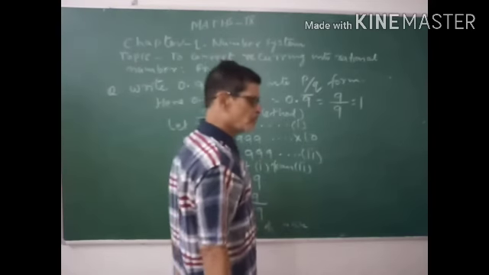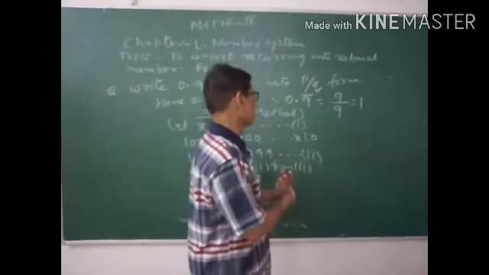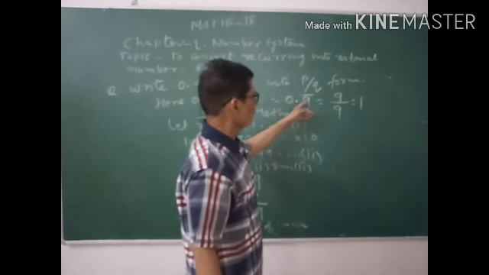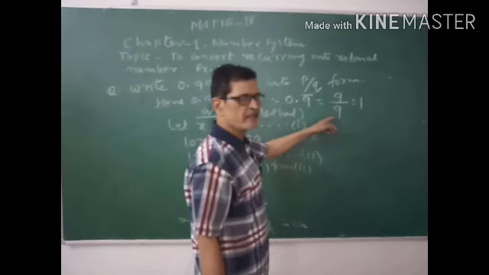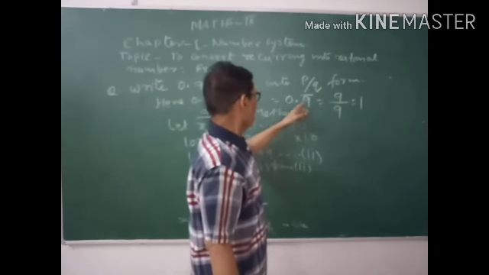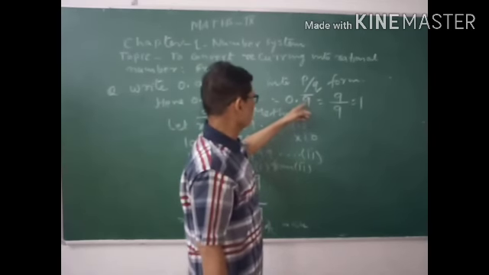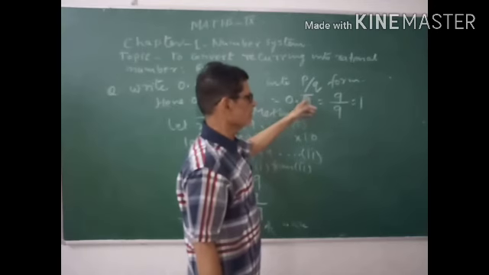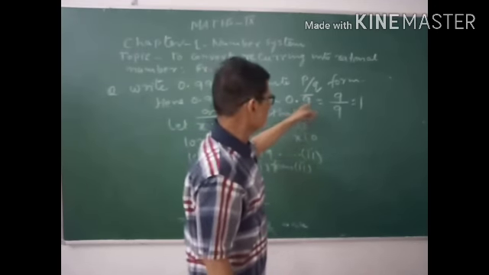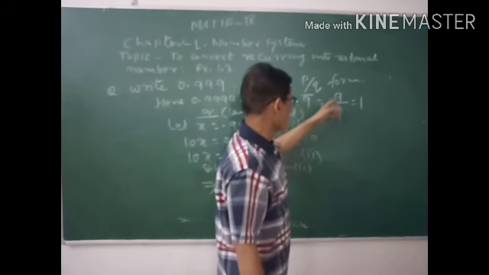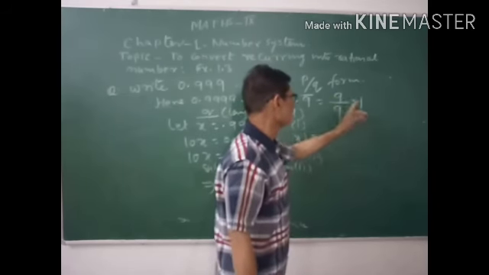And I have already told you that to remove recurring, we put 9 in the denominator equal to the number of recurring digits. Here there is only one digit, 9. Therefore I have written 9 by 9. This will give you 1.